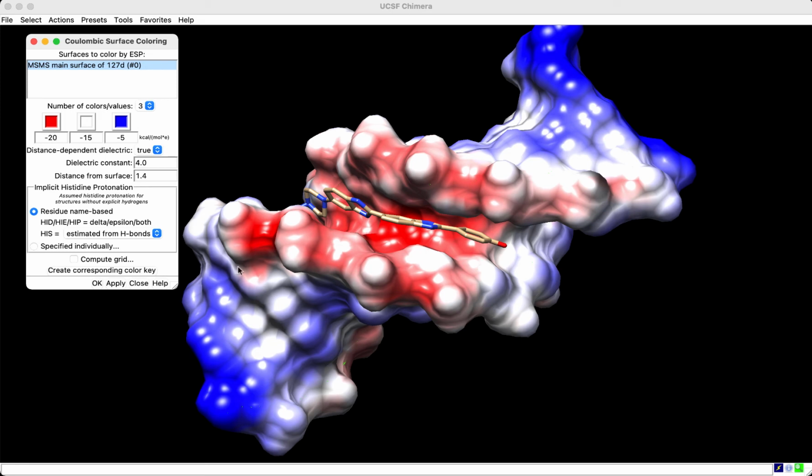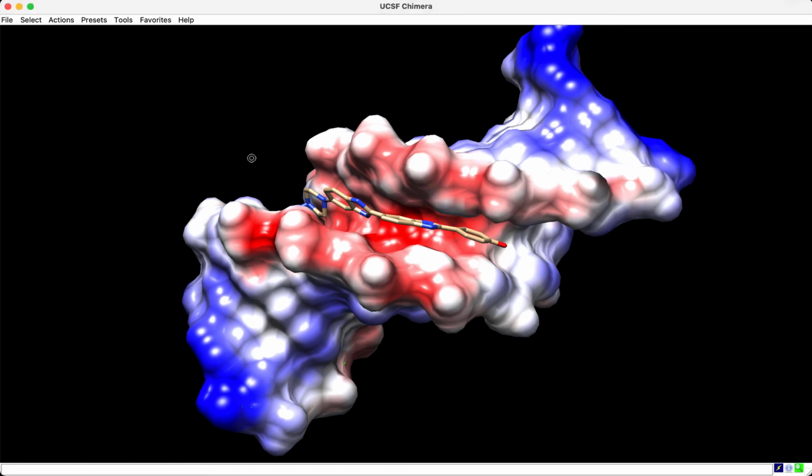Remember, on the volume of the DNA molecule, I am showing what is the value of the electrostatic potential. And with red, I'm showing the places on the volume of the DNA molecule where the potential is the most negative. With white, I show the ones that are a little bit more positive, and with blue, where it is even more positive.